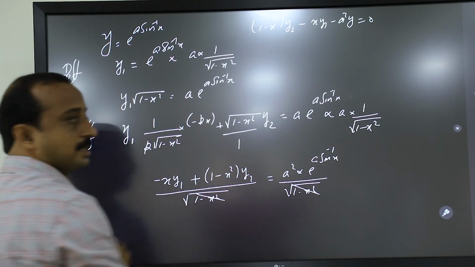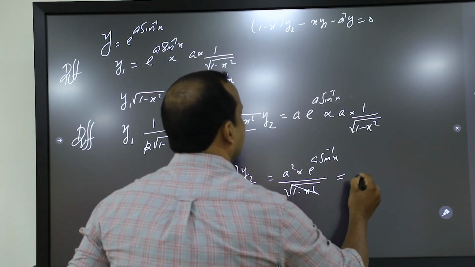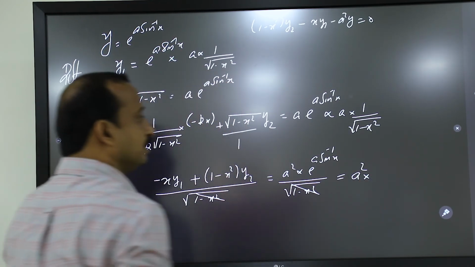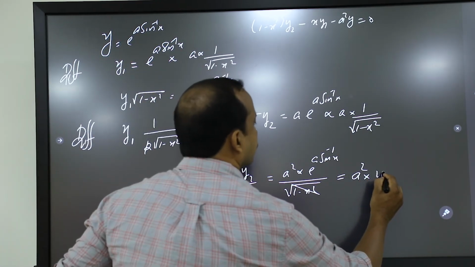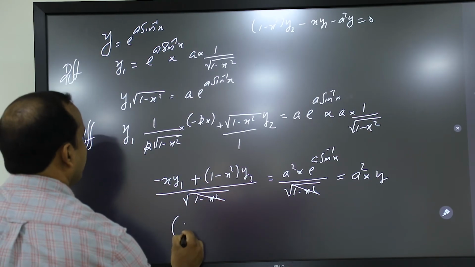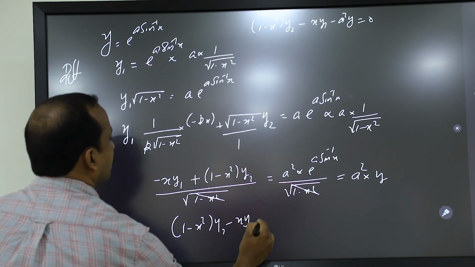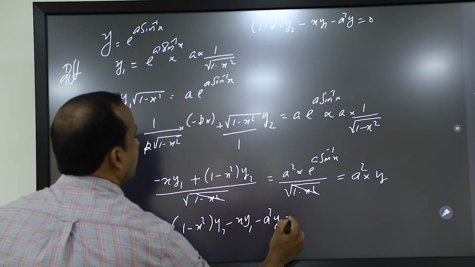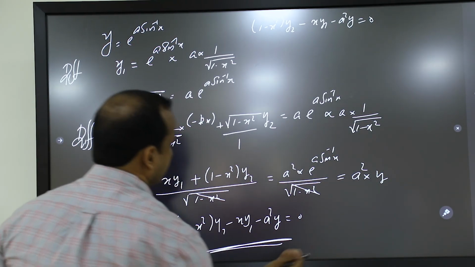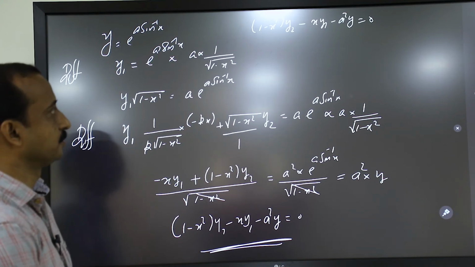Here root of 1 minus x square cancels, and a square into, you already know, e raised to a sine inverse x is y. Therefore, finally we get 1 minus x square into y2 minus xy1 minus a square y is equal to 0. That's all. It is similar to the last type of question.